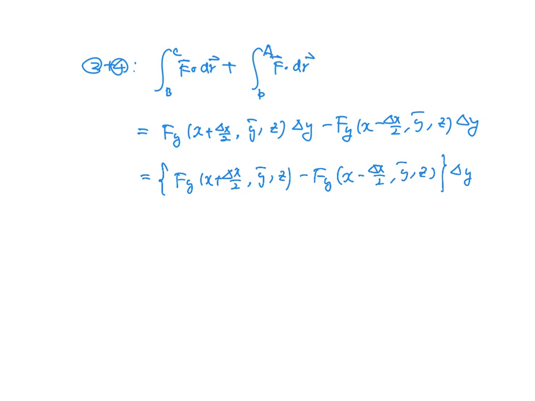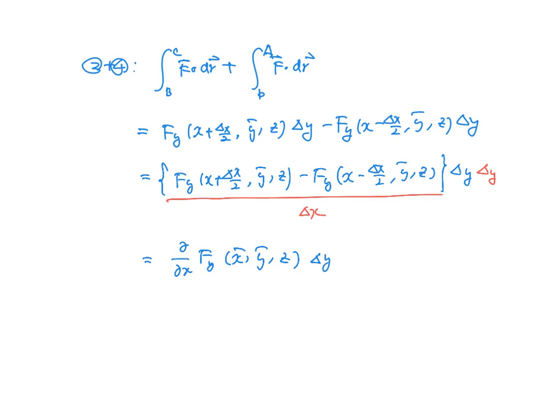And as before, we can divide the whole thing by delta x and multiply by delta x. Then this is nothing but partial Fy over partial x at x bar, y bar, times delta x delta y.